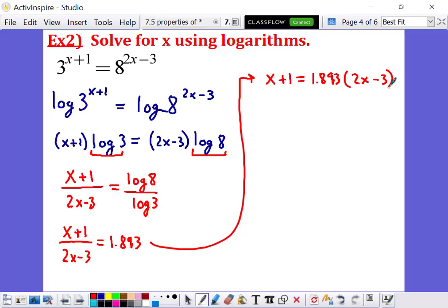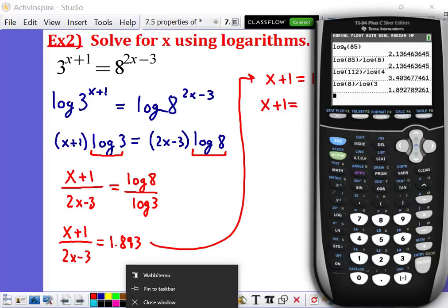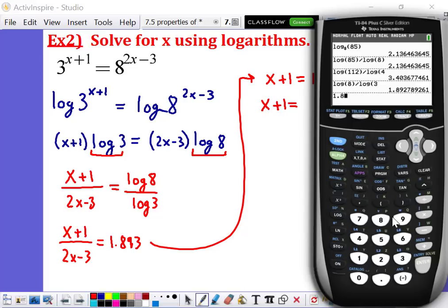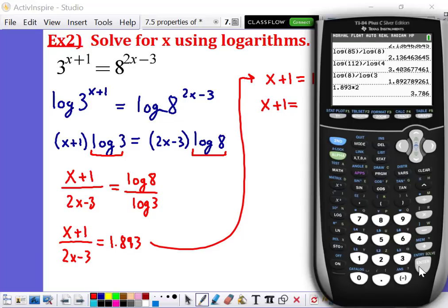Now 1.893 is not a whole number, but you can still use the distributive property just like you would any other time. So 1.893 times 2 is 3.786.